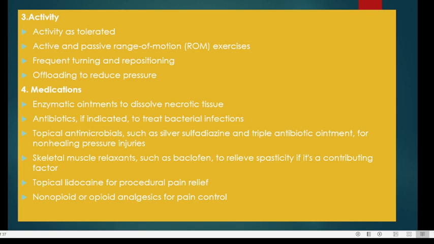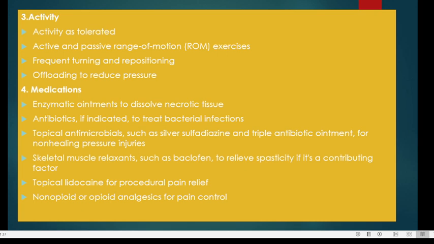Activity. We're saying that activity should be as tolerated. Engage the patient in active and passive range of motion exercise, frequent turning and repositioning, and offloading to reduce the pressure. What about medication as a type of treatment? You have enzymatic ointments to dissolve the necrotic tissue, and antibiotics if indicated to treat bacterial infections.